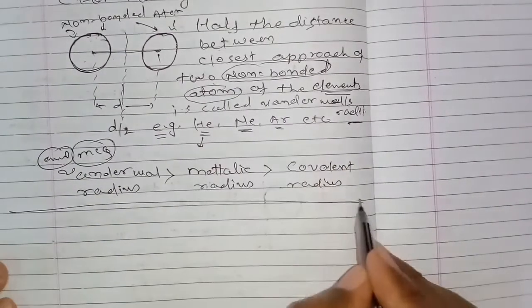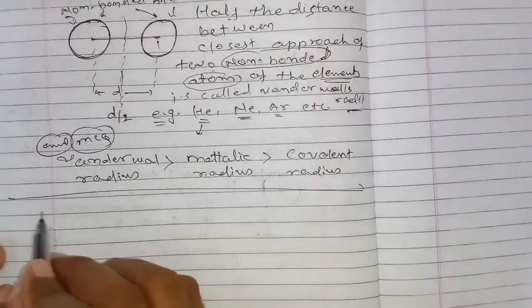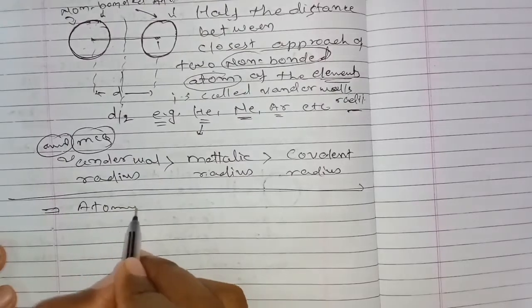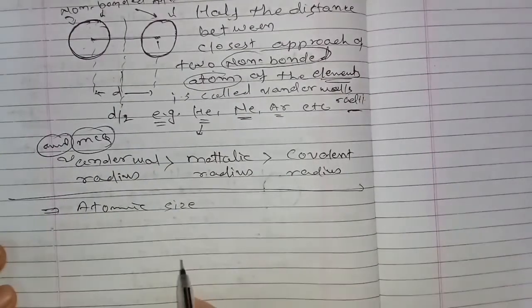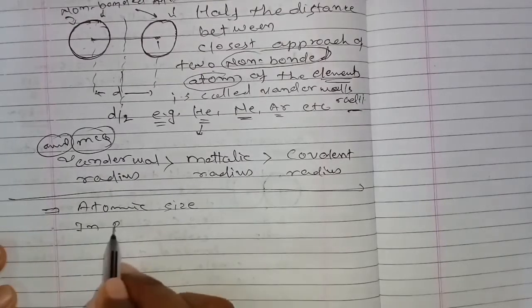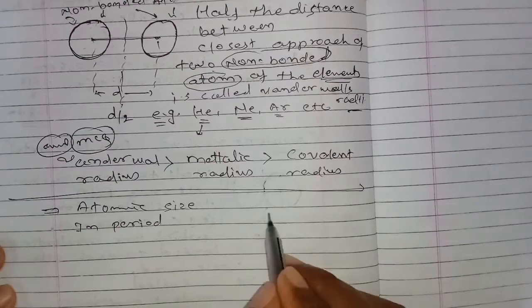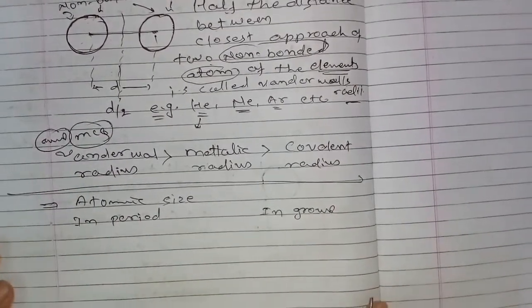Now let's see the atomic radius or atomic size of elements in a period or in a group.